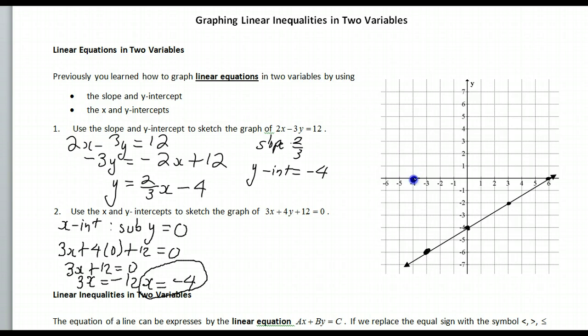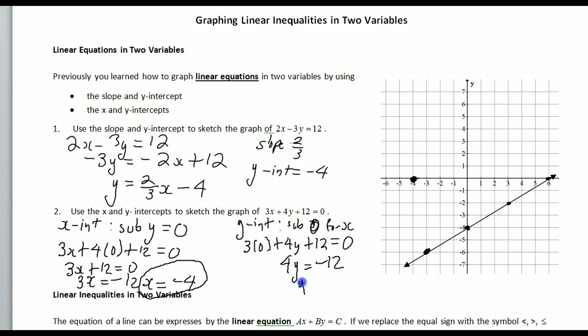I suppose I should use a different color for this one probably. And the y-intercept. For the y-intercept, you substitute 0 for x. The y-intercept occurs when x is 0. 3 times 0 plus 4y plus 12 equals 0. 4y is negative 12. y is negative 3.